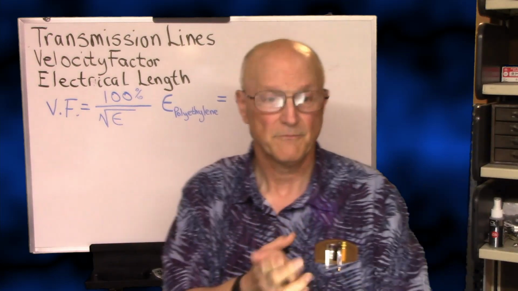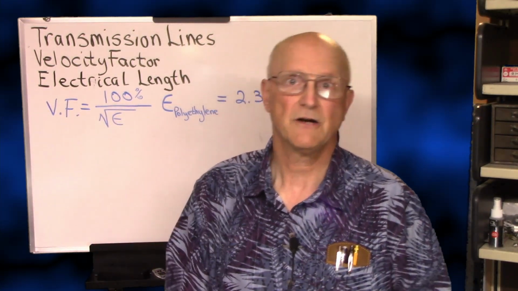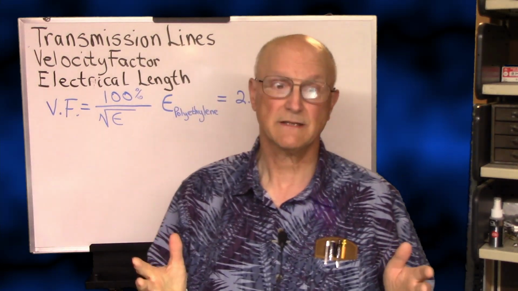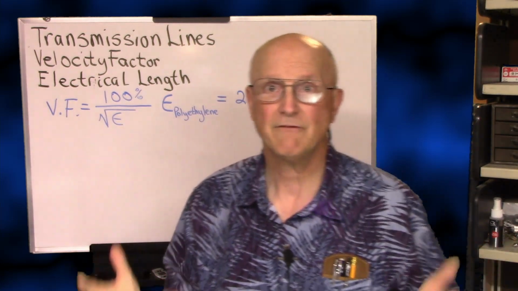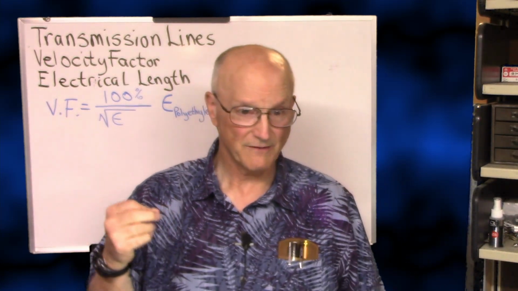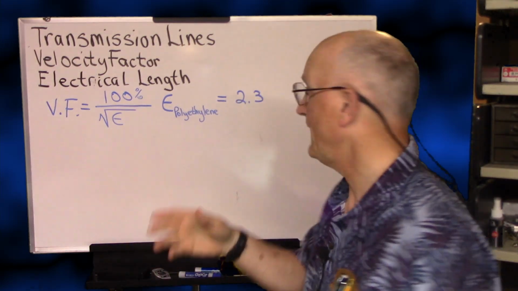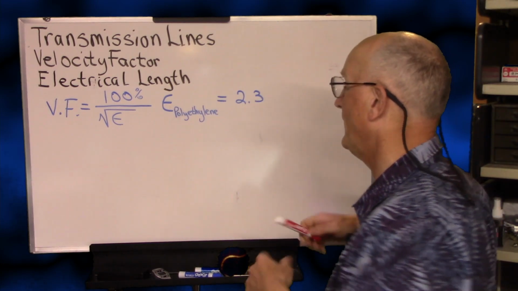Now consider RG58, which is 50 ohm coax, RG59, which is 75 ohm coax, RG8, which is 52 ohm coax, all constructed with the same insulation, polyethylene, all have the same velocity factor. So for instance, polyethylene has a dielectric coefficient of 2.3.